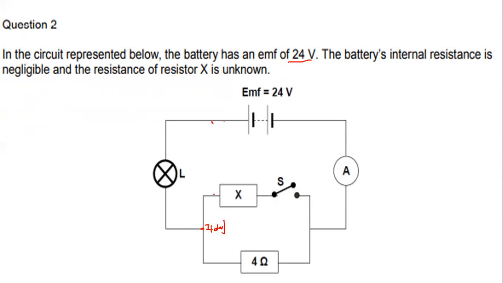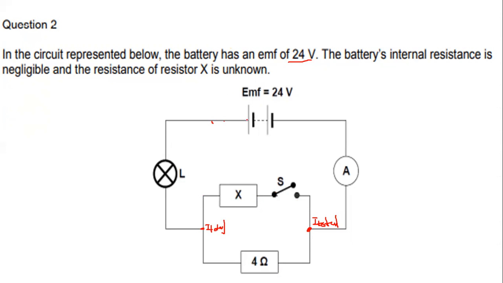And then the current divides. And the current meets up here again. And there I have the total current. So this switch, if it is open, it means only this pathway is not working.